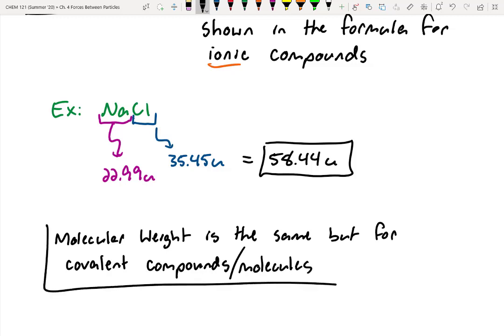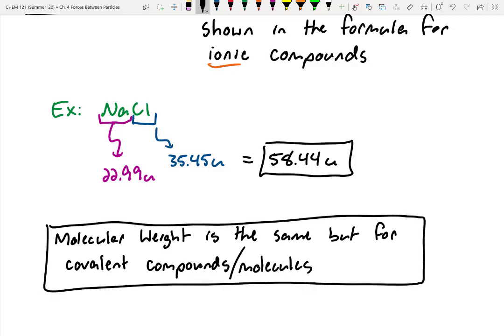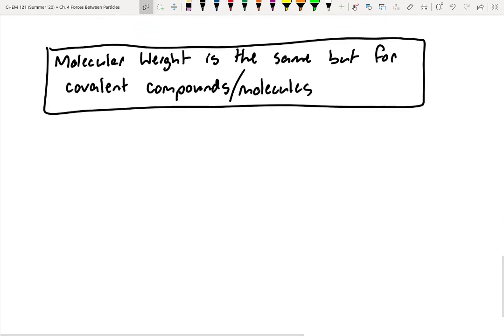All right, so that is a differentiation. We'll go back and practice this later, but if we had, let's say, CO2, which is covalent, we'd find the mass of one carbon and then find the mass of two oxygens, add them together, and we'd have our molecular weight.